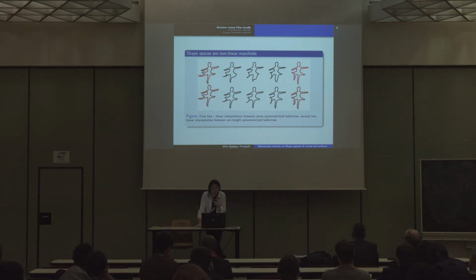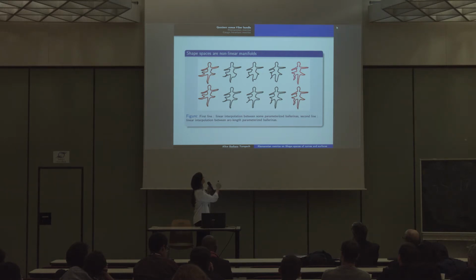So the first thing that we have to mention is that shape spaces are nonlinear manifolds. This is an experiment I made, taking a ballerina in one position, and the ballerina in another position, with two different parametrizations.